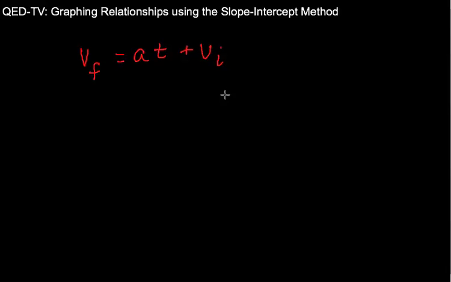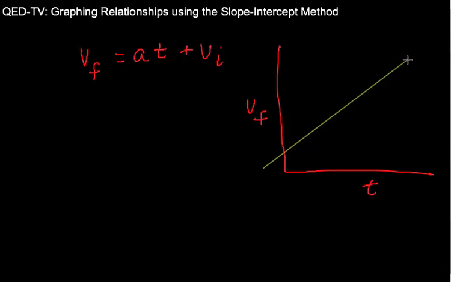So if I graph final velocity on the y-axis and time on the x-axis, what would my slope be? When I get a straight line on here, I'll have something maybe like this. And you'll notice that this equation is already in an awesome form, y equals mx plus b. We actually have a y-intercept this time.